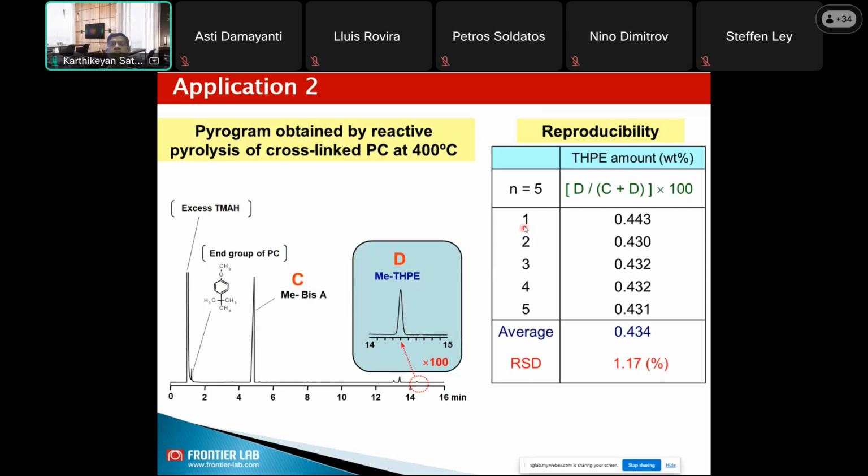We carried out 5 replicates, and consistently we saw the concentration in the same range, and the RSD of these 5 replicates is less than 2%. That is the level of precision one can get from this reactive pyrolysis analysis.